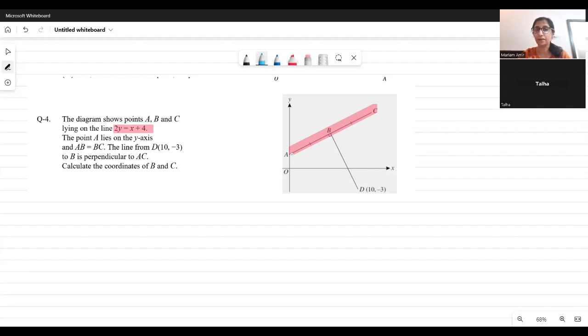If A is lying on the y-axis, that means its coordinates would be what? Miss, 0 and y. Very good, 0, comma y. So the coordinates of A would be 0, comma y since it lies on the y-axis.